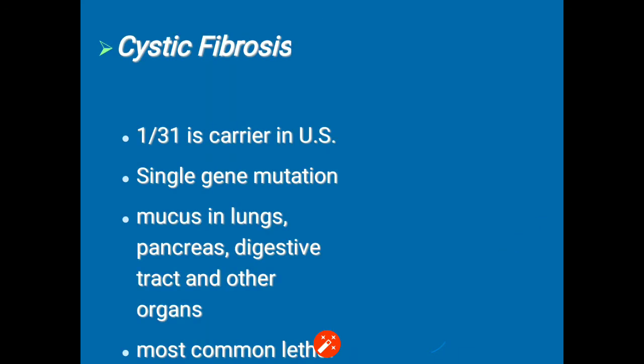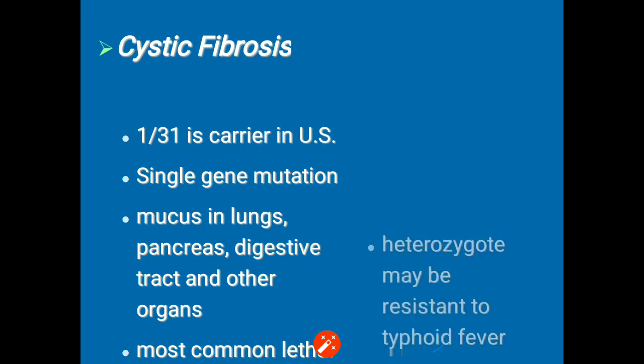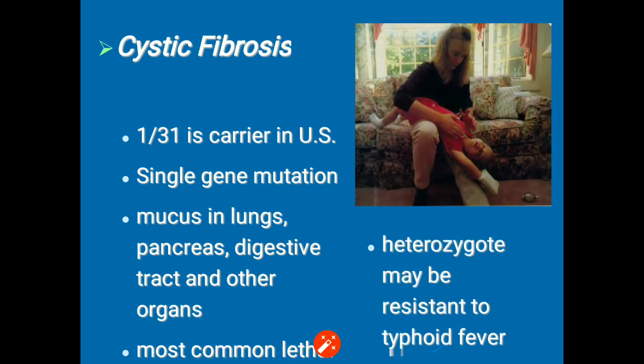Now cystic fibrosis is an autosomal disease. It is a single gene mutation, with mucus in lungs, pancreas, digestive tract and other organs, because the mucus becomes highly viscous and it clogs the ducts of the exocrine glands.